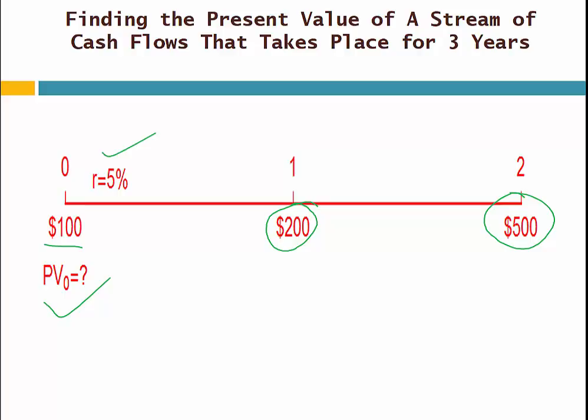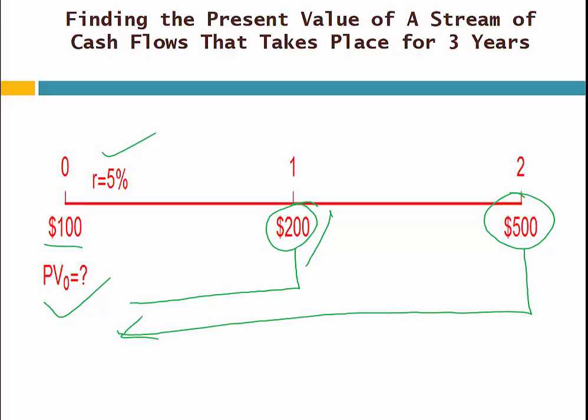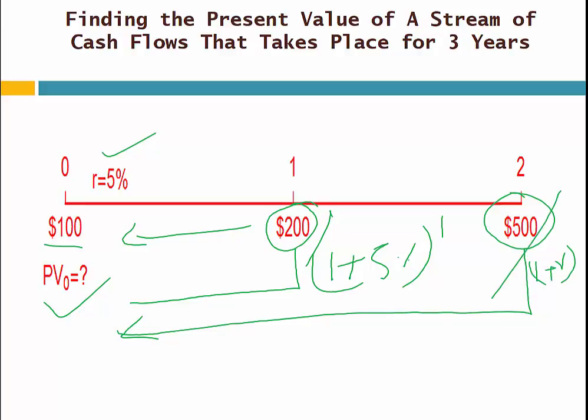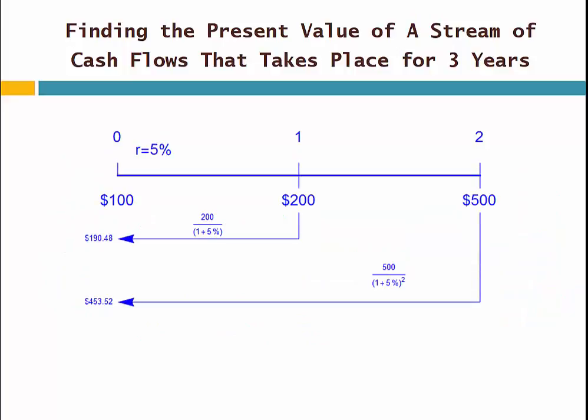Remember, like earlier, you can bring back to the present by dividing the 200 by 1 plus 5% to the power 1, because you are just bringing one period, and you can divide the 500 by 1 plus r to the power 2 because you are bringing two periods, and then you get the present value. Whereas this 100 is already in the present.